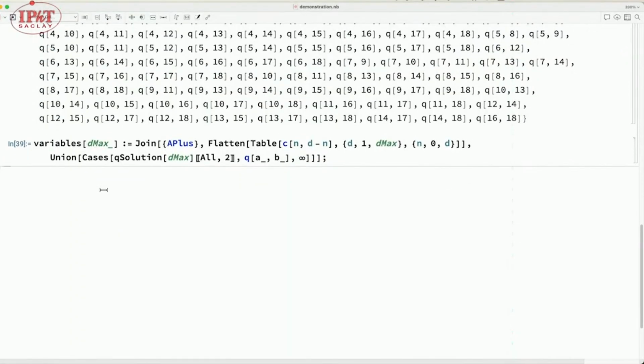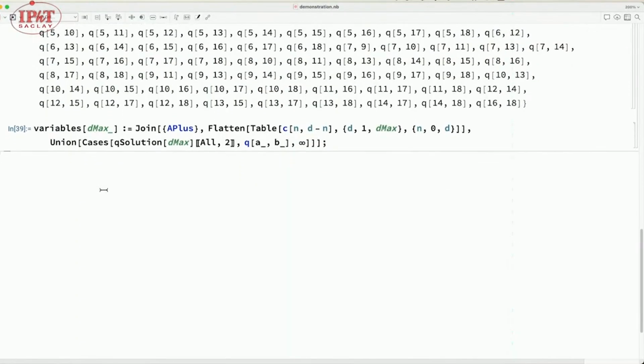Oh, sorry. What's happening here? What are you trying to minimize? You're trying to minimize a plus. So the vector C is the vector such that if we take an inner product of C with variables, you get a plus. So that's the vector whose first entry is 1, and all of the other entries are 0, because a plus is the first variable.